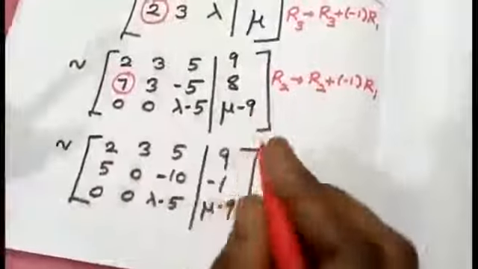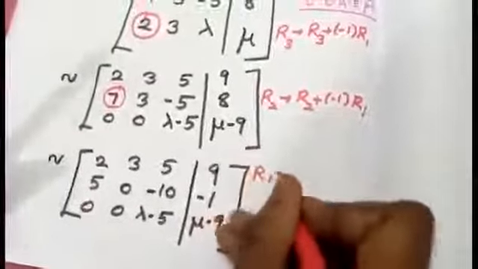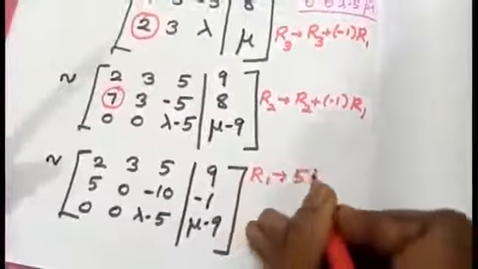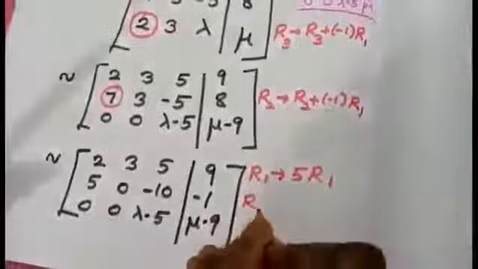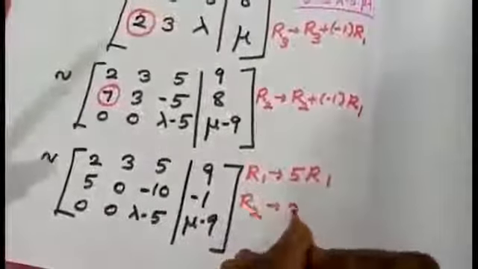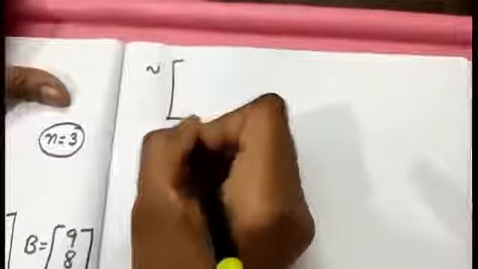Now, 5 twos are 10. So what I am going to do here is multiply R1 by 5, that is 5 R1, and R2 by 2, that is 2 R2.